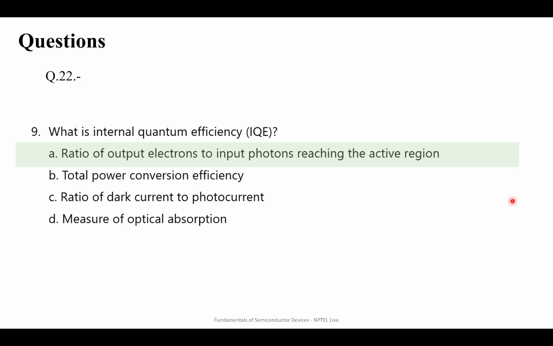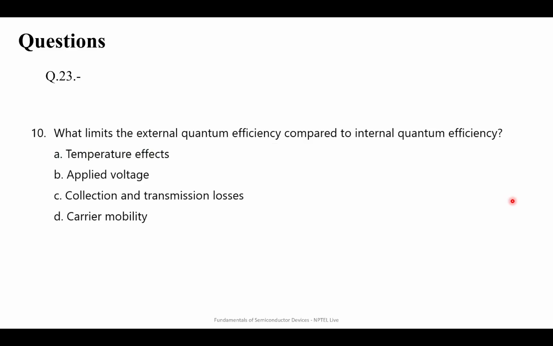There will be some layer on top of it, like some glass layer or other things, that will affect our efficiency, and that is why we call it external quantum efficiency. So what limits the external quantum efficiency compared to internal quantum efficiency?